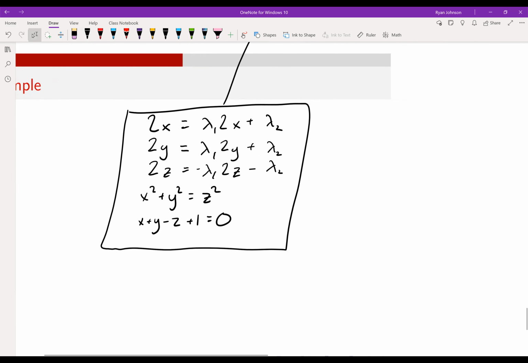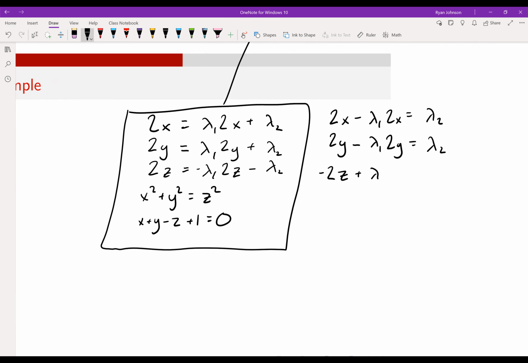And I'm going to get that 2x minus lambda 1 times 2x equals lambda 2, and 2y minus lambda 1 times 2y equals lambda 2, and in this case, negative 2z plus lambda 1 times 2z equals lambda 2, which means all of these guys are equal to each other.